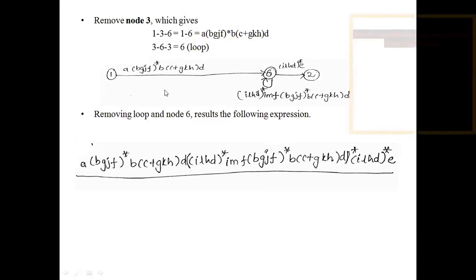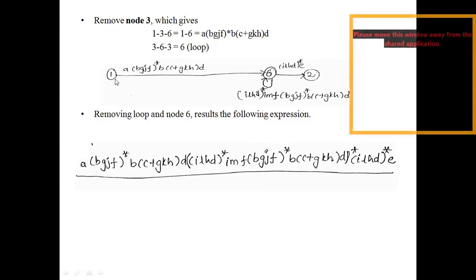Finally, after removing the third node, we have only the 3 nodes called 1, 6, 2. Here 1 and 2 are the entry and exit points, and 6 is the only node that is called the self node. Okay.